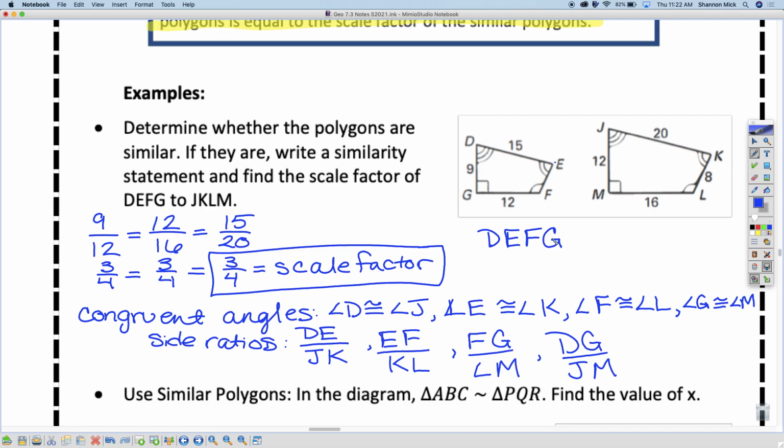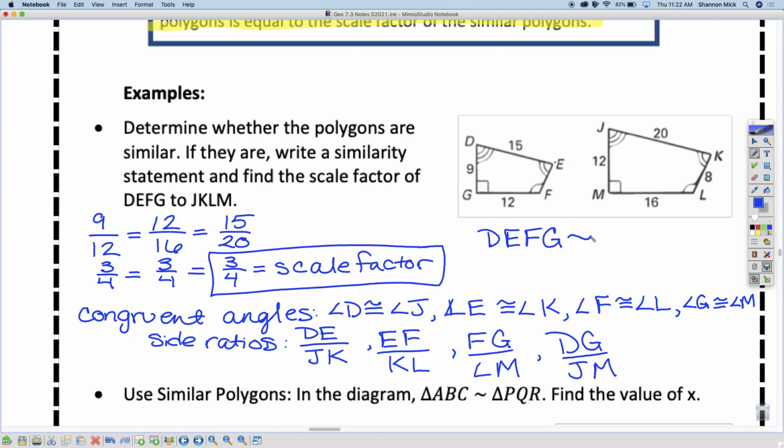But it's not a triangle, it's just a polygon. Is similar. What is that symbol? Where have we used that symbol before? Congruent. It's the top of the congruent symbol, right?